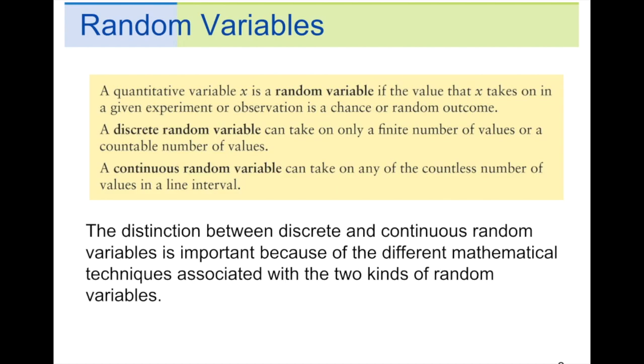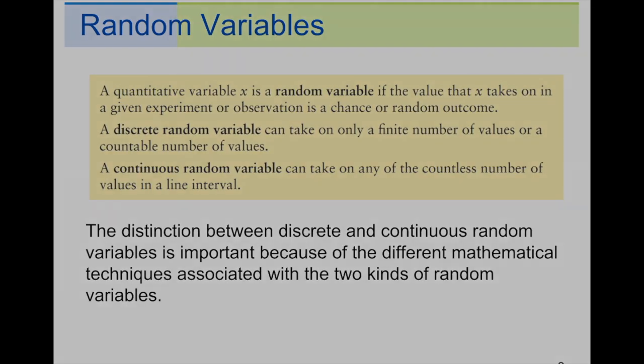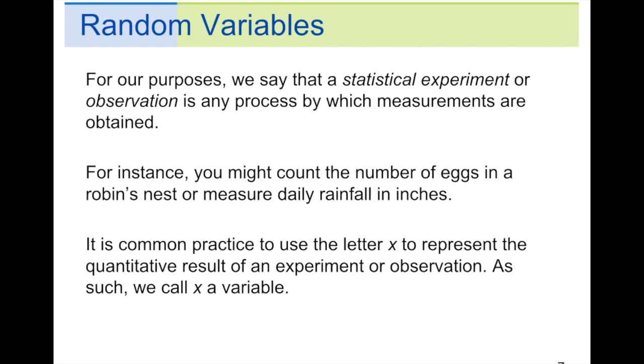So, if we use the examples we were just looking at, eggs in a robin's nest, those are discrete. You're dealing with 0, 1, 2, 3, 4. You can't have half an egg, or that's not the kind of thing you're looking for. A half of an egg wouldn't matter in this case. A continuous random variable would be the other example.